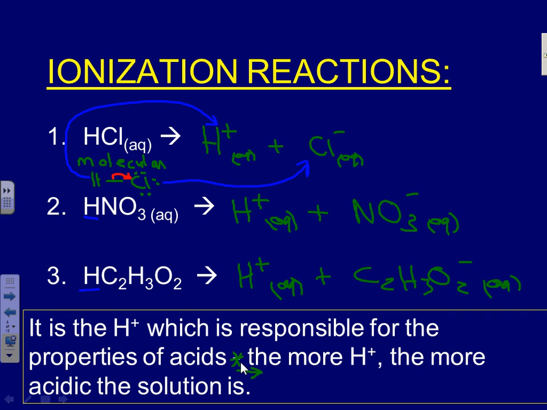I will talk more about this when we get to Monday's lesson on strengths of acids and bases, because you're probably well aware that we have some acids that we would consider strong, that can be dangerous, and some acids that are weak, that are not so dangerous. So you're getting ahead of the game a little bit, and we'll discuss this on Monday. But if something can produce lots of those, then it's very acidic.